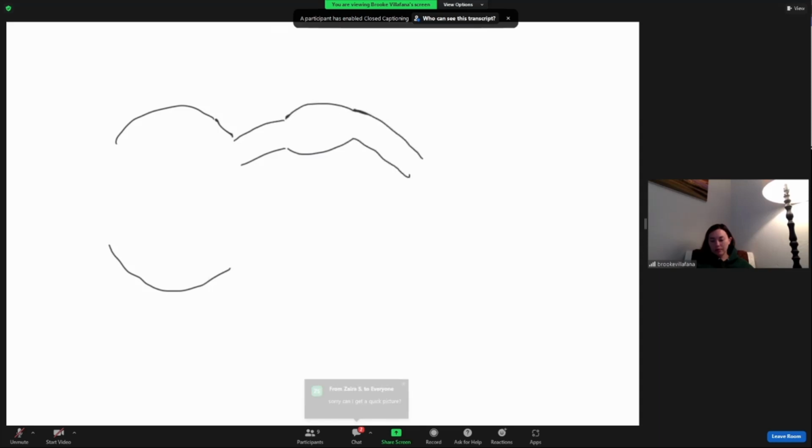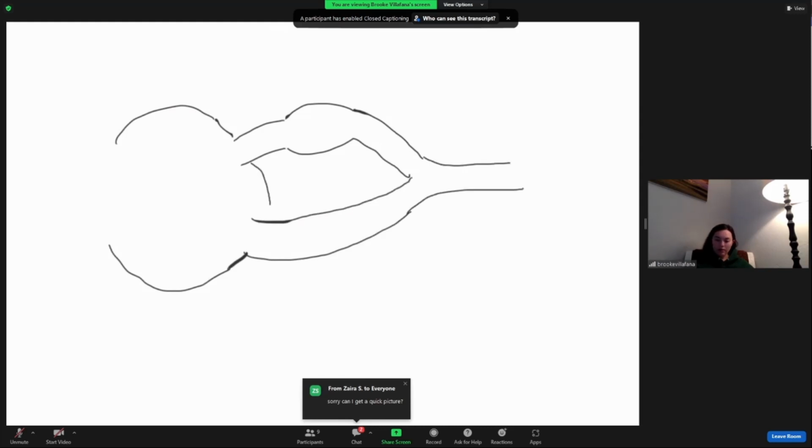So it's the same way that I always do this. We go in the back, posterior, and then out the front.